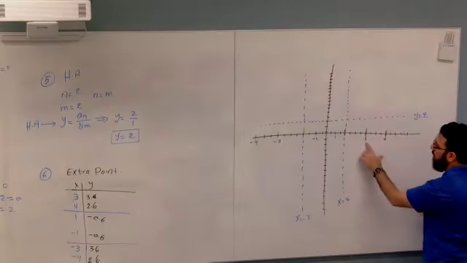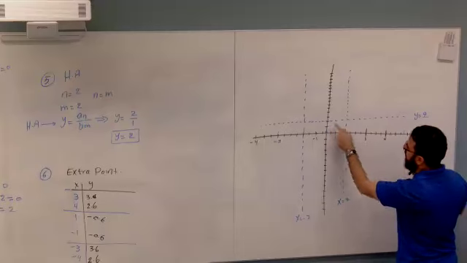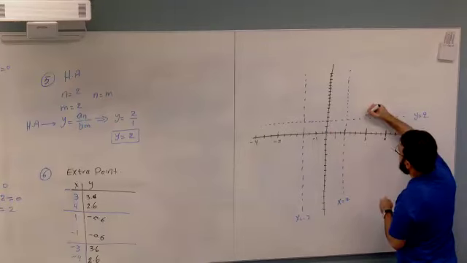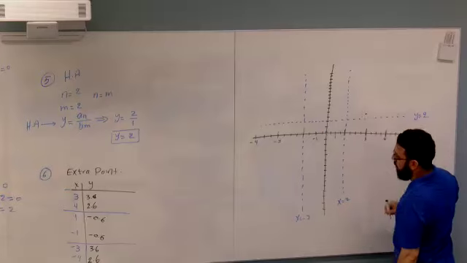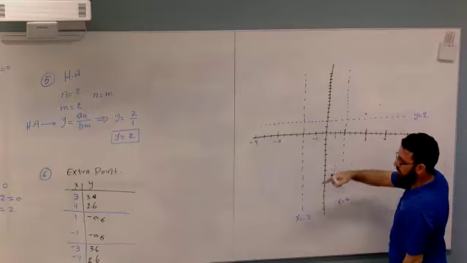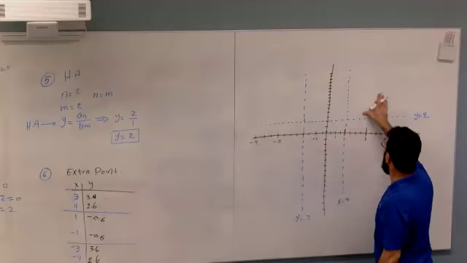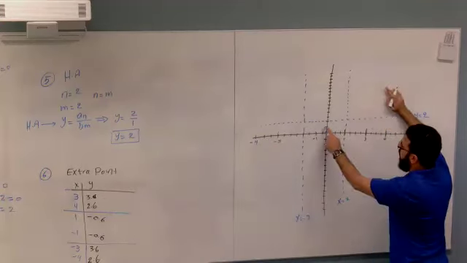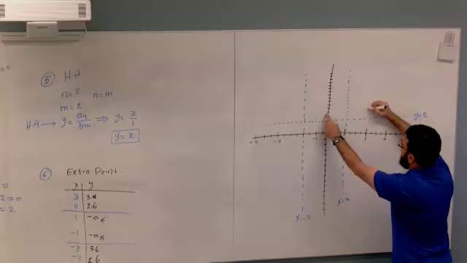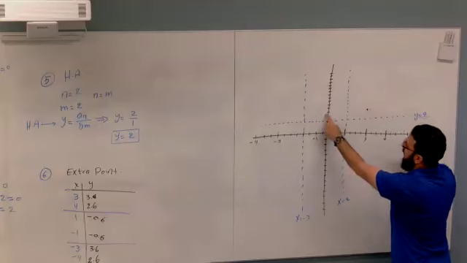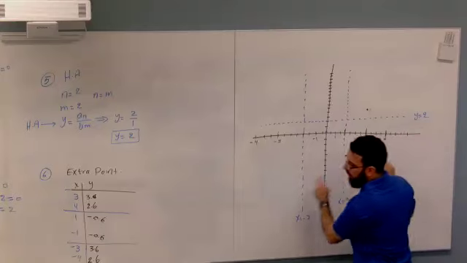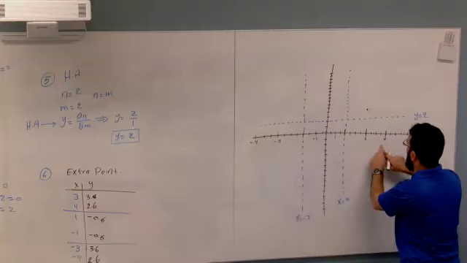So for x equals 3, we got 3.6, not 2. So 1, 2, 3, 3.6 is going to be here. And for x equals 4, we got 2.6.